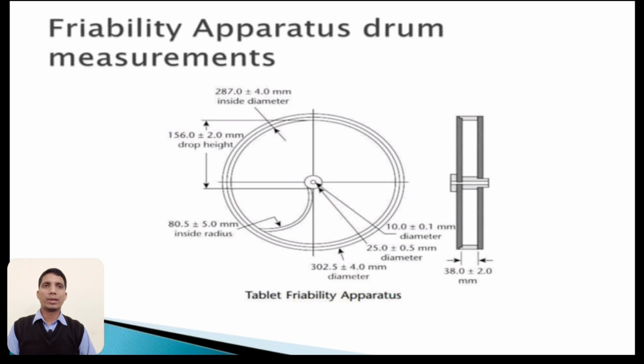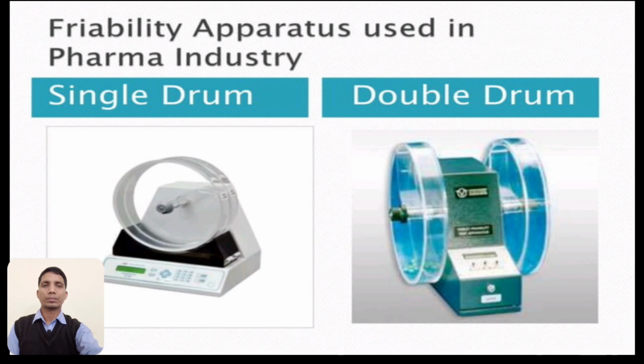This is a schematic diagram with the measurements of the friability test drum. It is transparent, and in the middle it is connected with the rotating shaft of the machine. The drum is made of PVC and is transparent in nature, and you can see the dimensions of the drum.